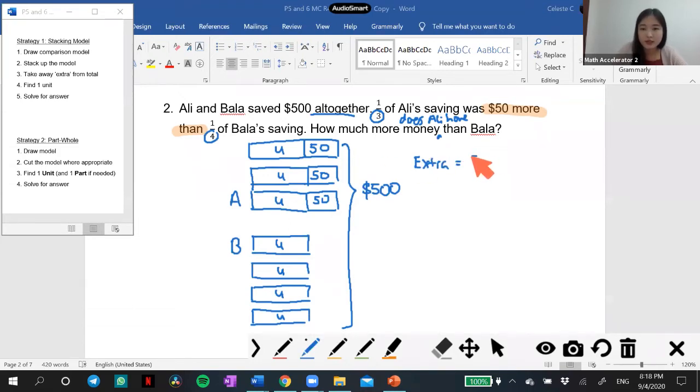Okay, so 50 times 3. 150. Okay, then now you count. How many equal units do you have here? 1, 2, 3, 4, 5, 6, 7 units. So 7 units.